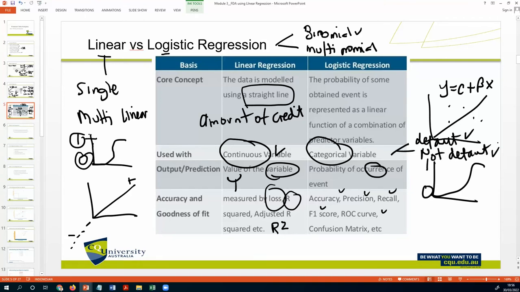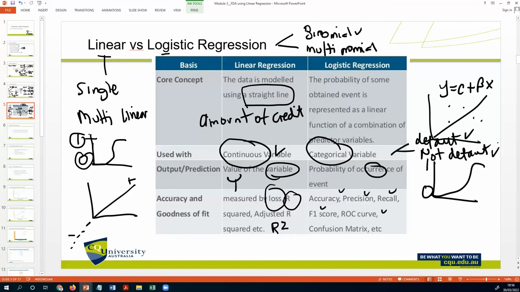But sometimes the score itself has a particular score number, Pak. Let's say 500, like a FICO score or S&P score.